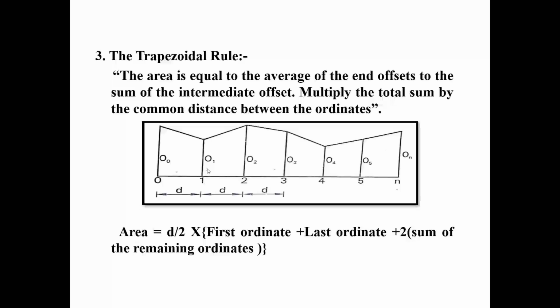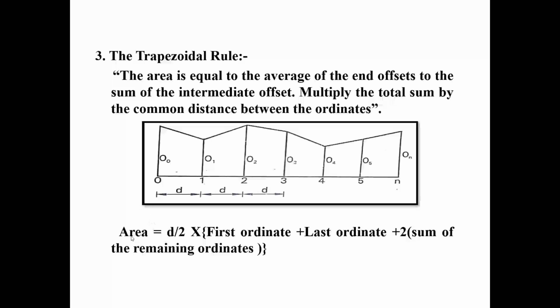Coming to the third rule, the trapezoidal rule. The statement is: the area is equal to the average of the end offsets plus the sum of the intermediate offsets, multiplied by the common distance between the ordinates.